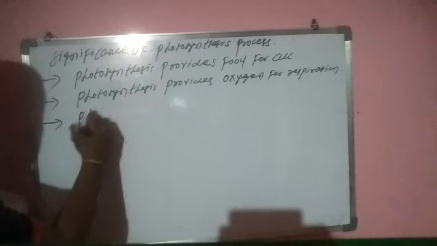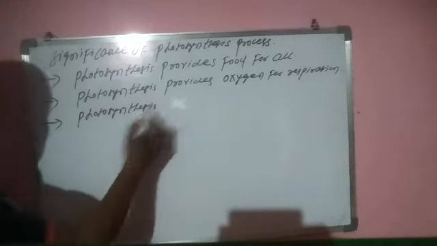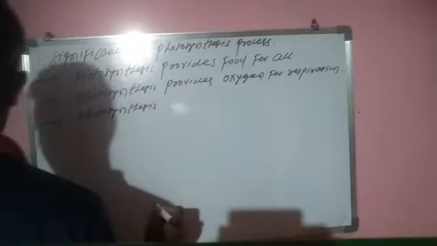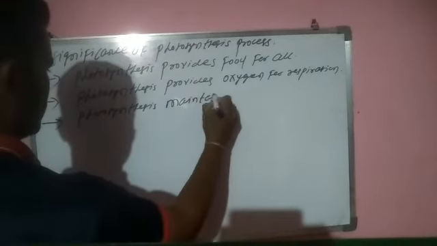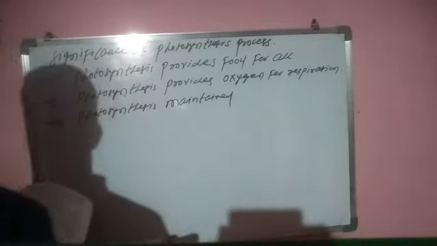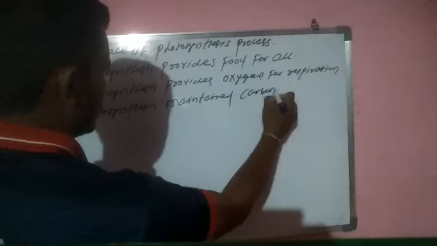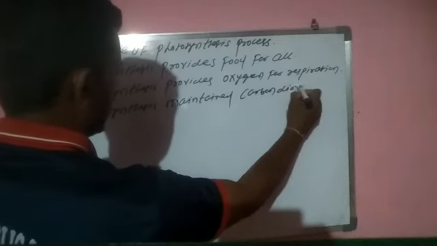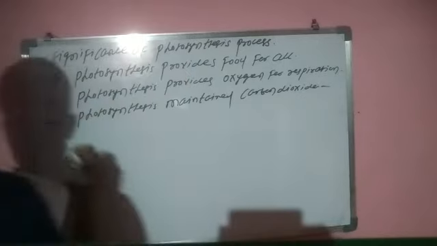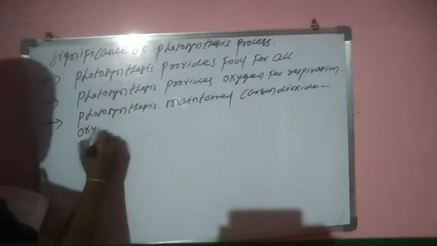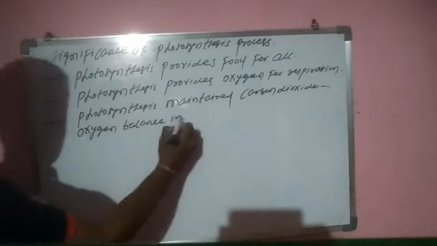So photosynthesis maintains carbon dioxide oxygen balance in the atmosphere.